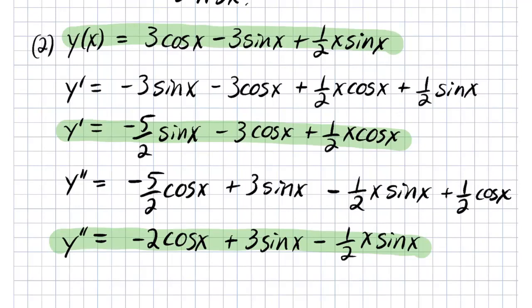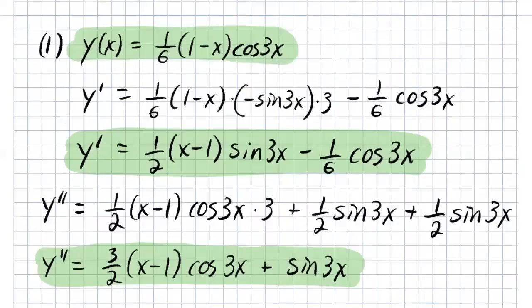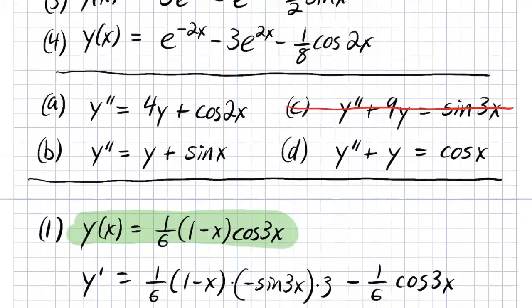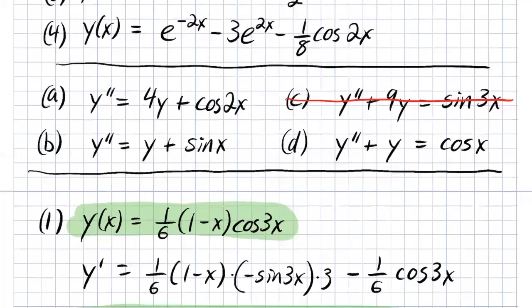So we have some cosines and sines here, and there's this x sine x. Let's see if we can spot the differential equation. It's going to be either B or D. So one is going to be y double prime minus y, and the other is going to be y double prime plus y. So I guess let's just start with y double prime minus y and see what we get. And if it doesn't work out, then we'll do the other one.